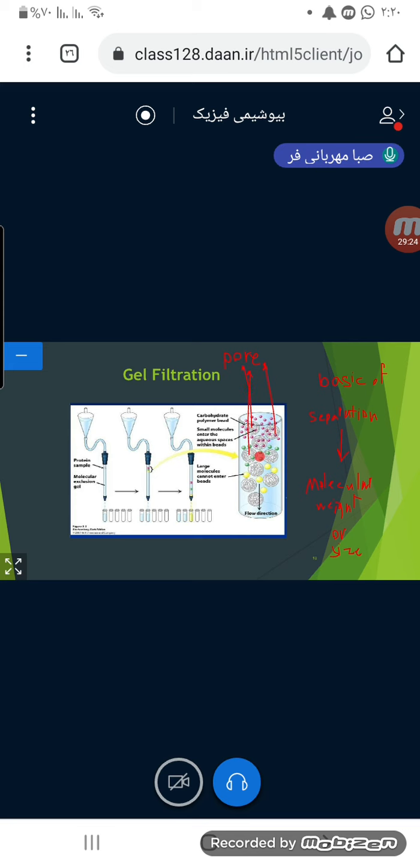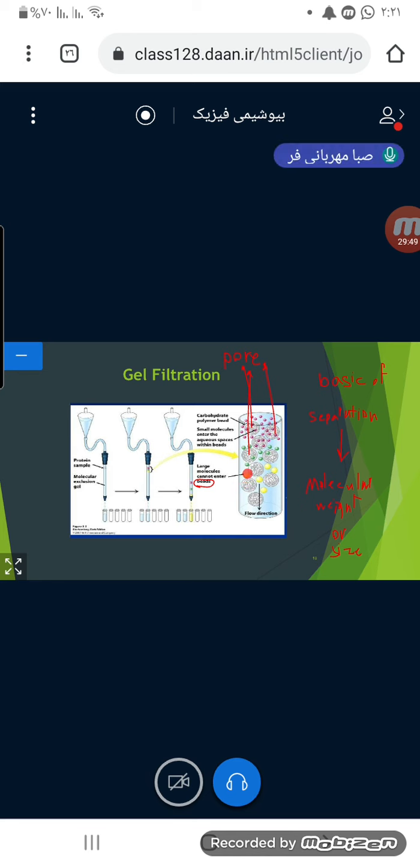We have some pores, or beads. We can say beads too, pore or beads. We have a series of pores in our column.